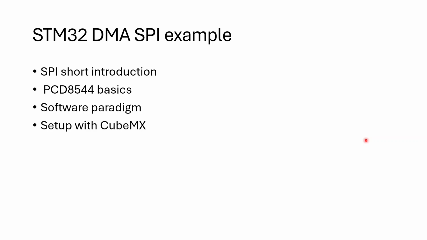Then we go to the more practical stuff: setting up CubeMX with the example, and also with the software, and then we'll discuss a simple library, walk through the code so that you understand what is happening, and then can use the library as is, or just extend the library with your own wishes.